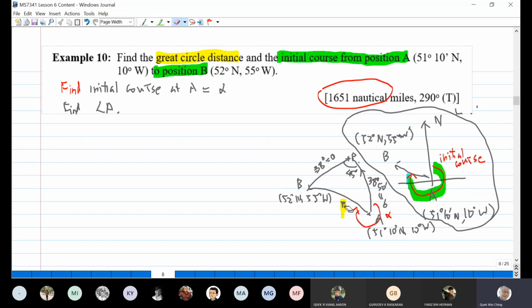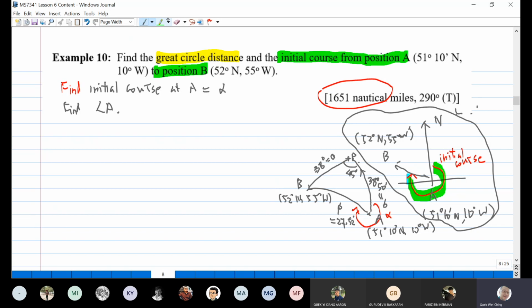P is 27.52 degree. Okay, don't need minutes here. 27.52. So you make use of this to find the angle A.